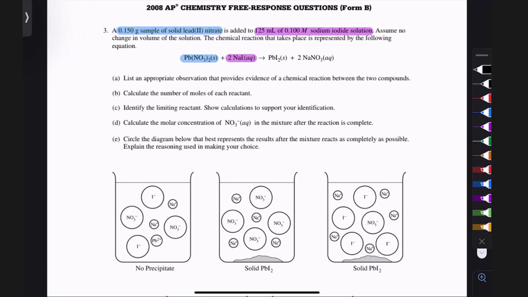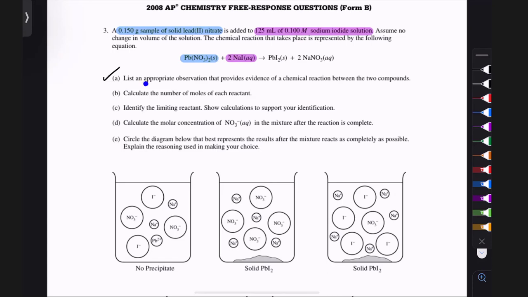So let's go right to question number 1. It says, list an appropriate observation that provides evidence of a chemical reaction between two compounds. There are generally a few signs of chemical reaction. Some of them are heat, either producing or absorbing, light production, gas production, combustion.